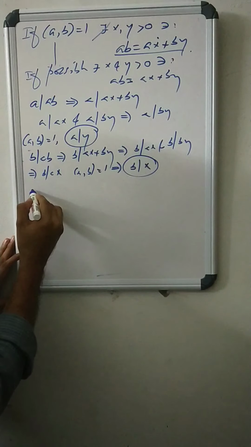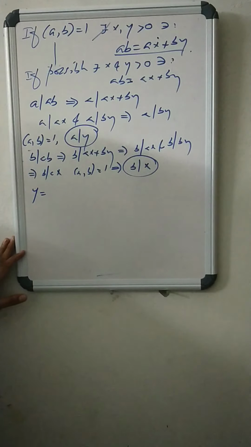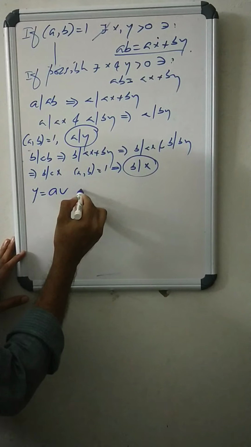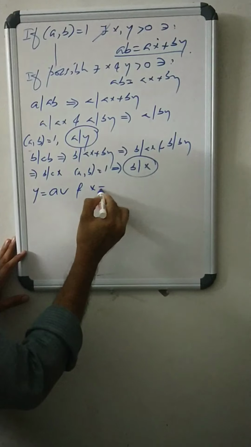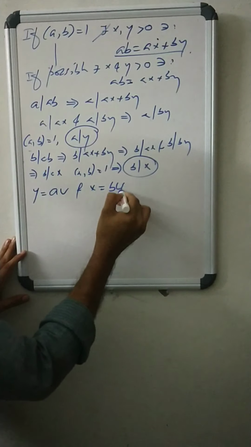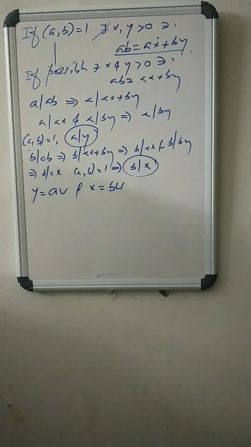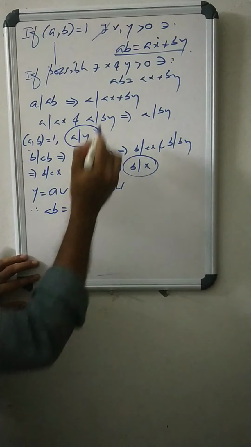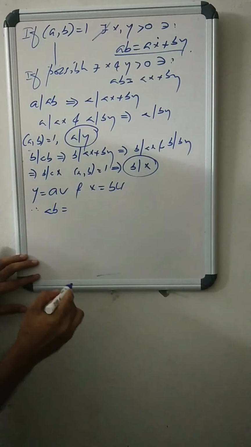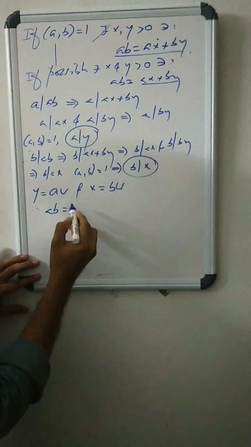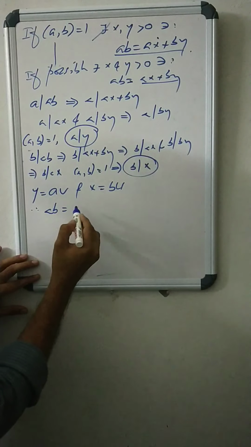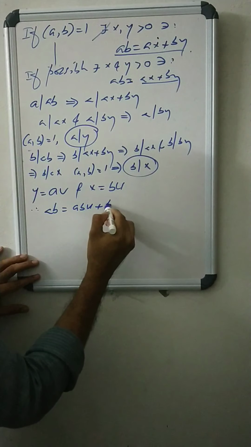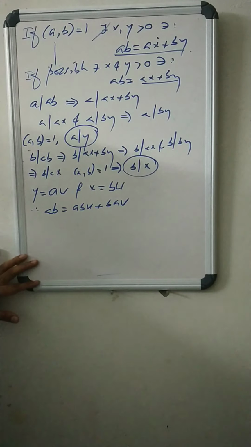A divides y means y equals some a into v, and b divides x means x equals some b into u. Okay. Therefore, what is ab? Therefore, ab equals ax plus by, that is a into bu plus by, b into a.